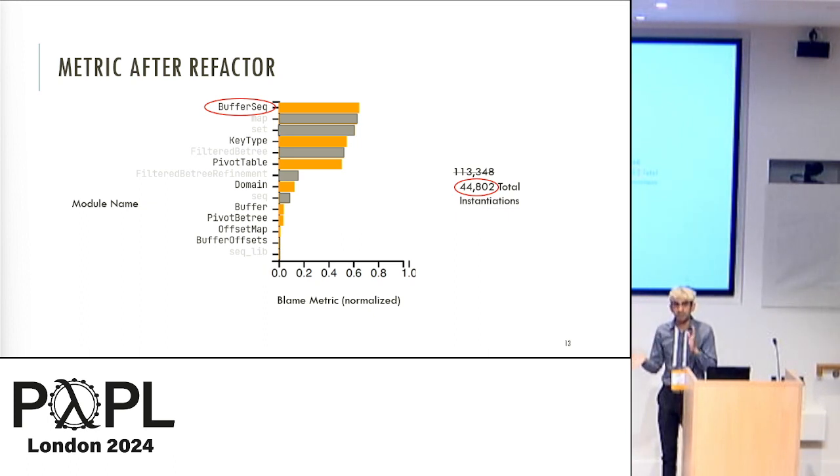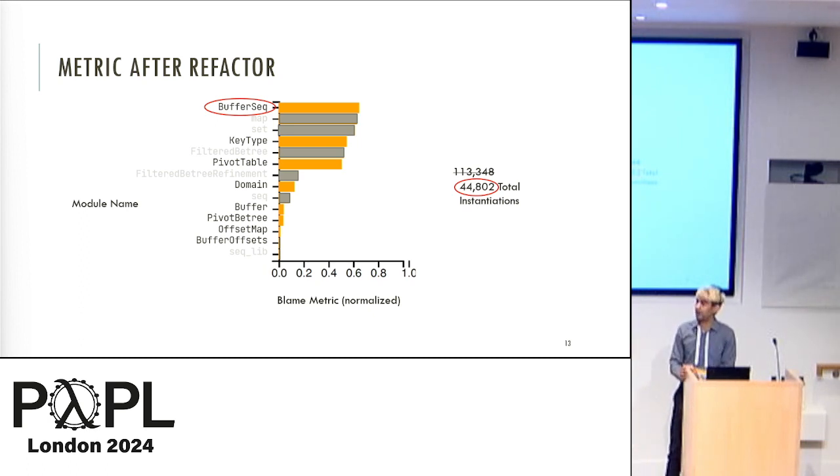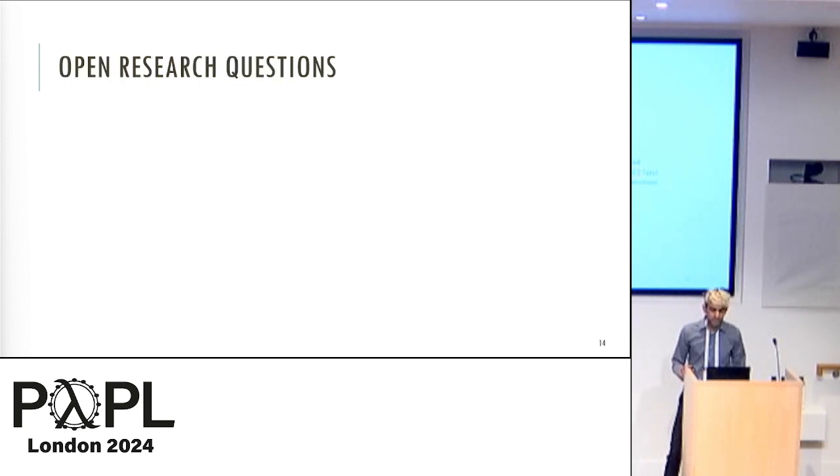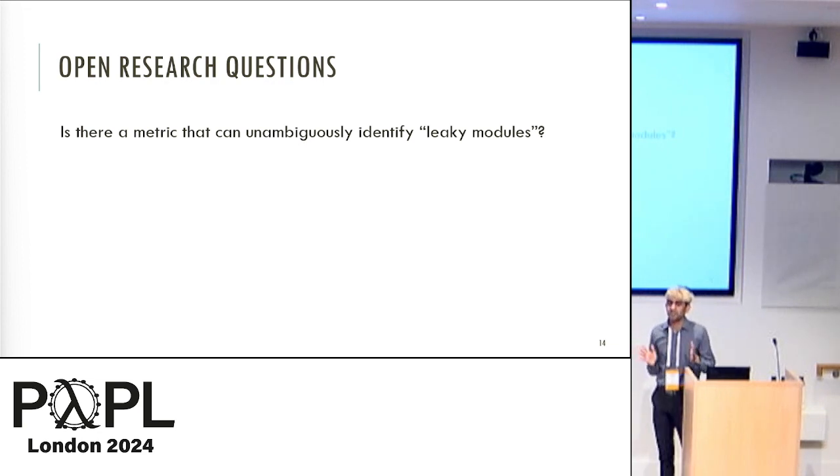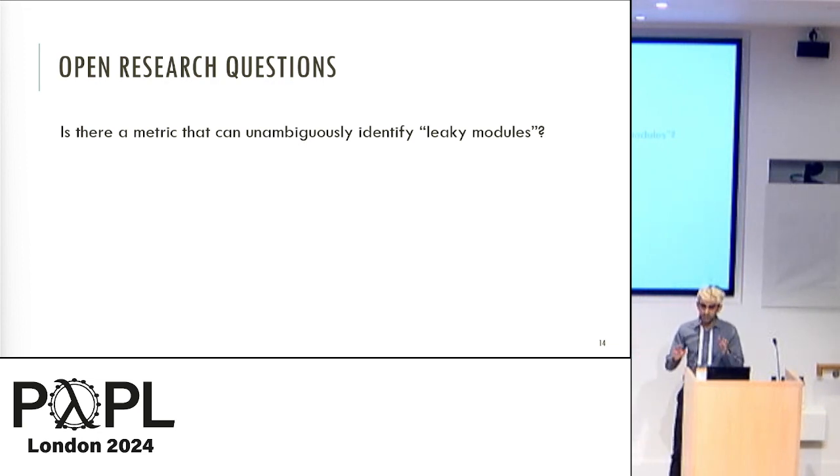So there's perhaps some distinction we can have between what we expose as the boundary, and maybe you can quantify this as not necessarily part of that module's count. So maybe there's further work to be done refining this metric. But that leads to some questions, which is: is there actually such a metric that can unambiguously identify the difference between a leaky module and when this automation is failing us?